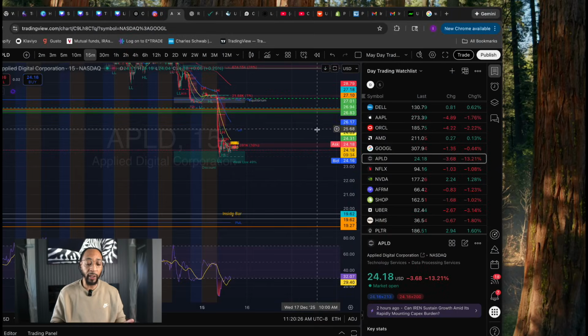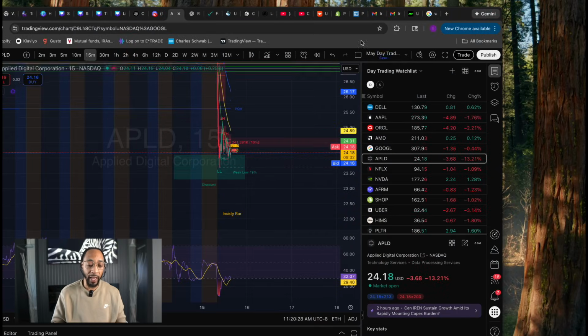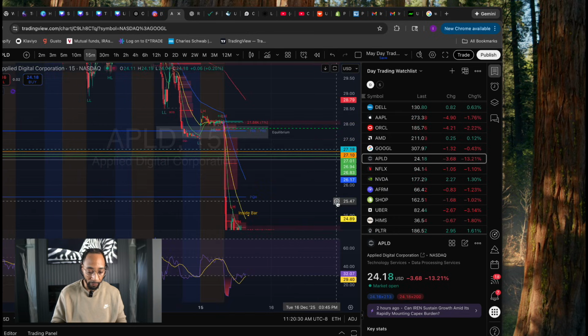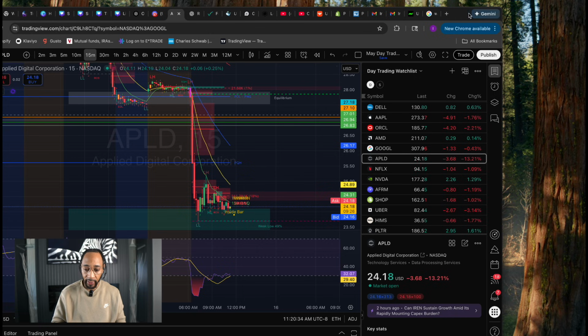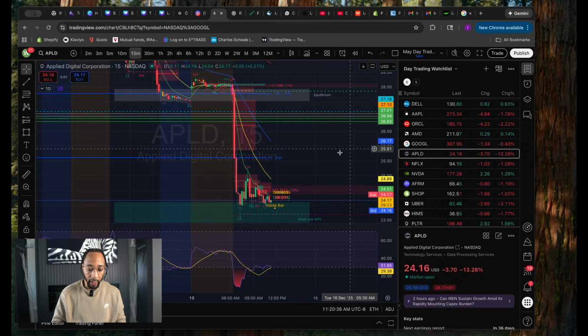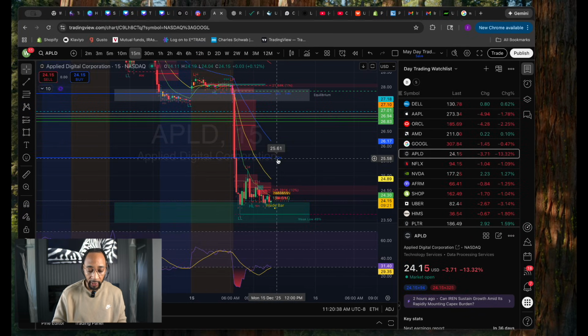So this is a great example for the day because we had some downward action, right? So a lot of times what we see is, let's say on a 15-minute on APLD right here, right? So we came down right here, right?